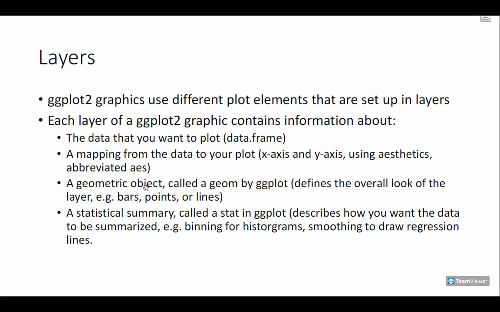So basically, it's a geometric class object, and it's defined by the code word geom, and you have a lot of options to this geom. You can add bars, you can add points or lines, and it will be clear in the following slides. But this is just a gist and a quick look at what we are going to deal with today.